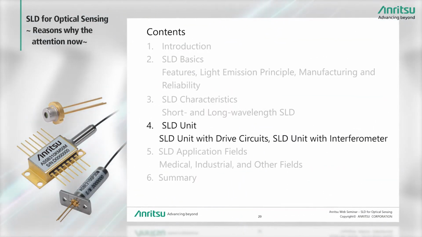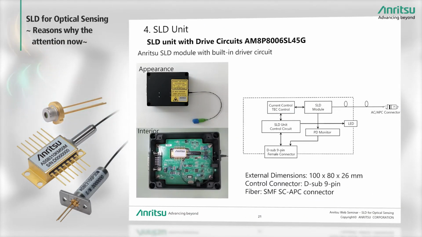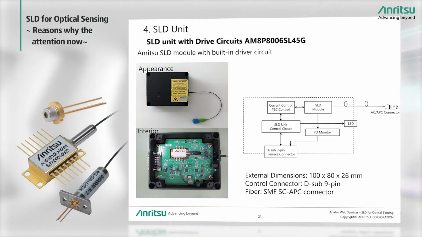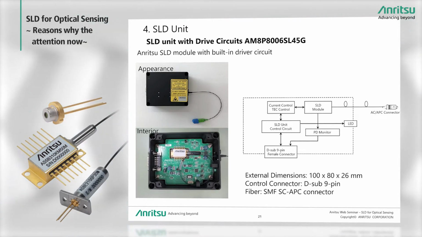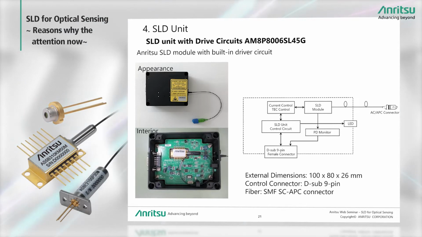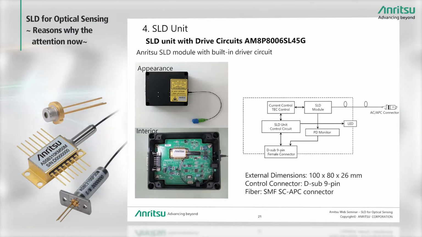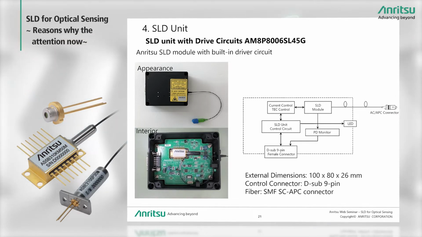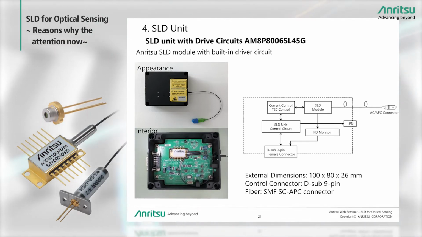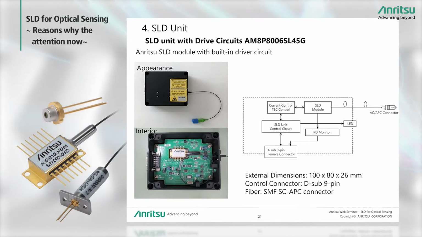Next, I'll explain SLD unit type products. This slide shows an Anritsu SLD unit with built-in driver circuit. The photographs on the left show the external and interior appearances with a butterfly SLD light source on the board. The external dimensions are 100 by 80 by 26 mm, and the external control uses a D9-pin connector.